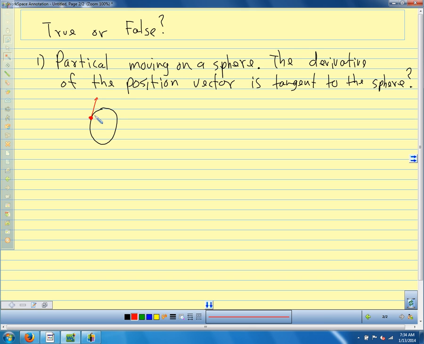It's going to take it either towards the sphere or away from the sphere, and then it wouldn't be moving on the surface of that sphere. So if it's moving on the surface of a sphere, the derivative of the position vector has to be tangent. Otherwise, we would have some component of the derivative towards the sphere or away from the sphere, and our motion would take us off the surface. So this is true.